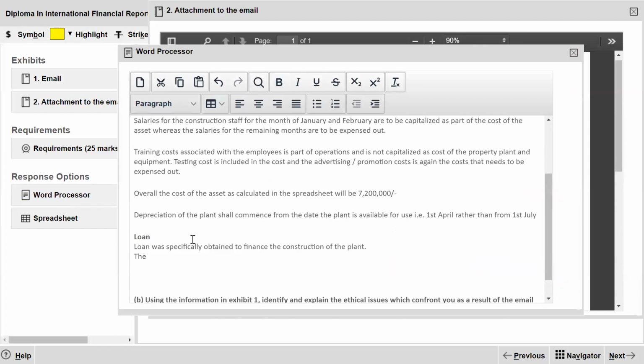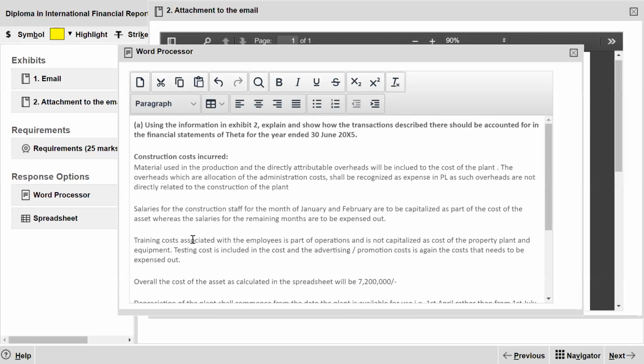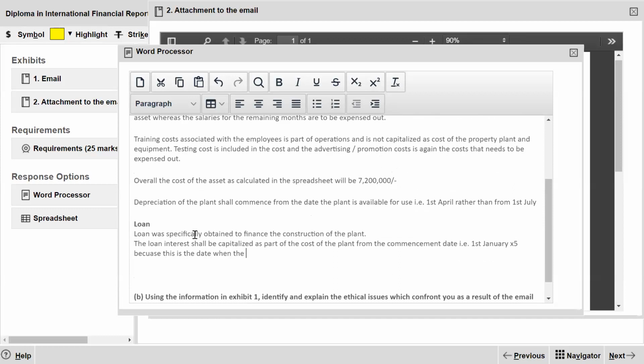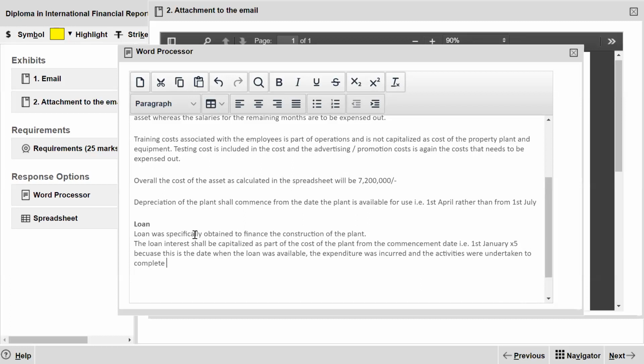The loan interest shall be capitalized as part of the cost of the plant from the commencement date, that is 1st January X5, because this is the date when the loan was available, the expenditure was incurred and the activities were undertaken to complete the asset.